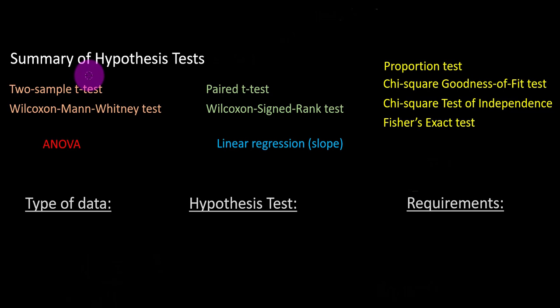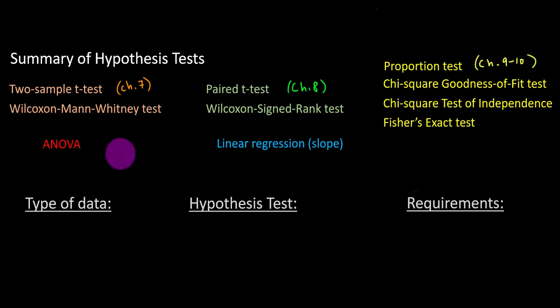First, I'm going to detail what chapter you can find this information in our textbook. So over here in orange, this was in chapter 7. In green, when we went to paired data, that was chapter 8. Over here in yellow, when we moved to categorical data, that was in chapters 9 and 10.